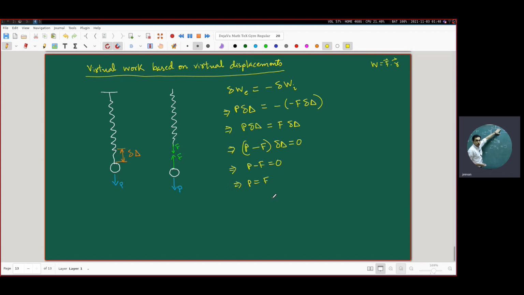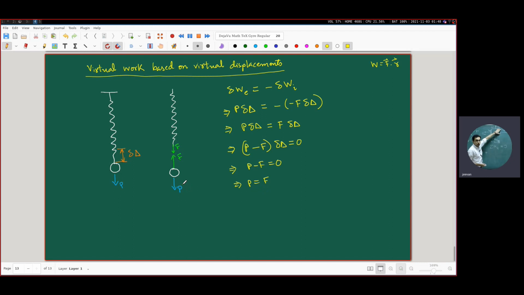Okay, now just for the sake of completeness, let me state that when you start out with the principle of virtual work based on virtual displacements, you end up with this kind of an equation where there is basically just a force balance, which anyway you would have obtained from the condition of static equilibrium.